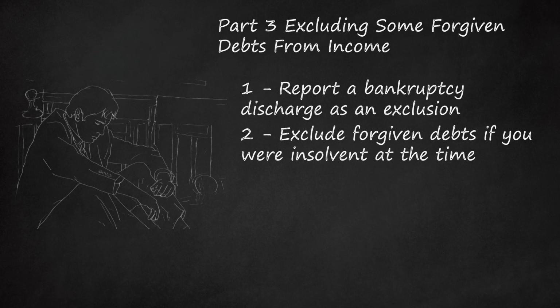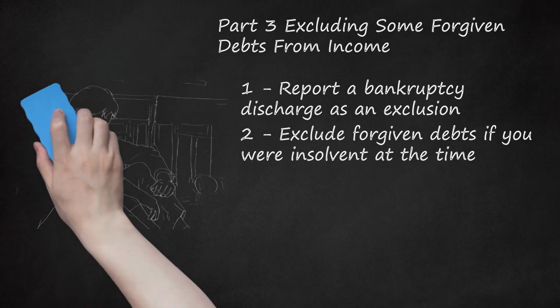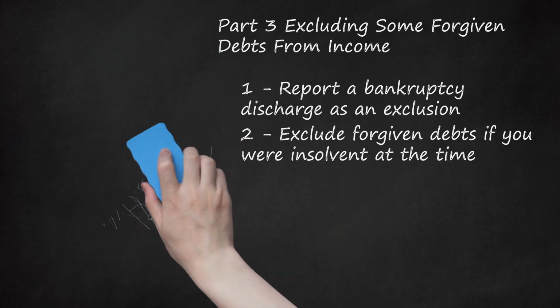For example, if your total assets add up to $8,000, but you have debts of $15,000, then your insolvency is $7,000. For calculating insolvency, it does not matter if you are able to make your required monthly payments. You will need to get IRS Form 982 and check the box on line 1B. On line 2, report the amount of the canceled debt, or the amount of your insolvency, whichever is less.